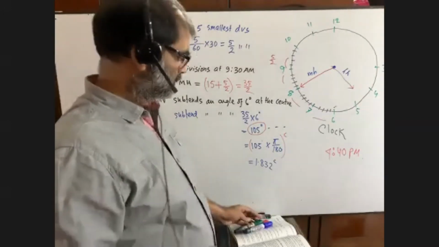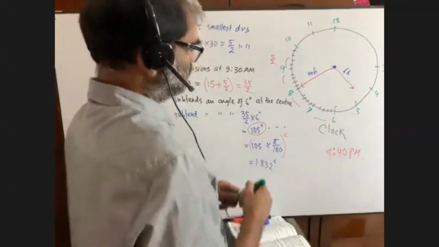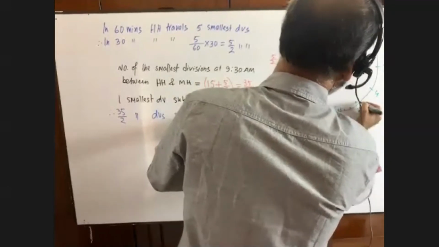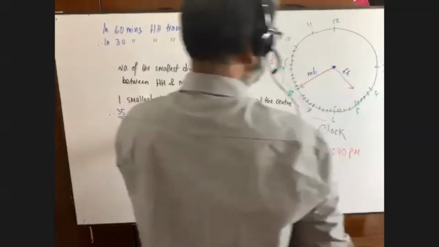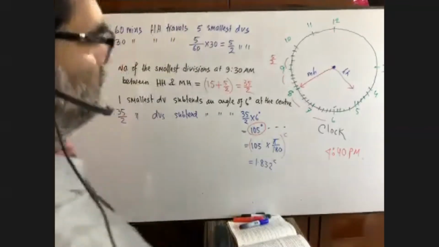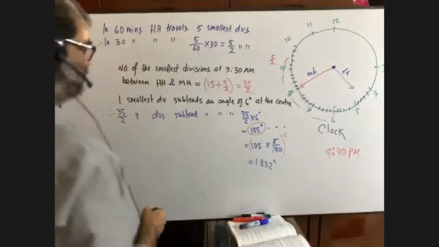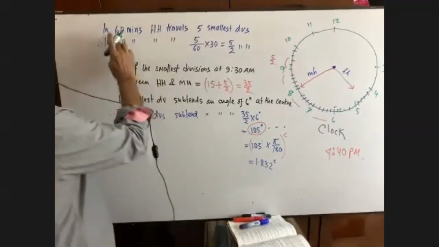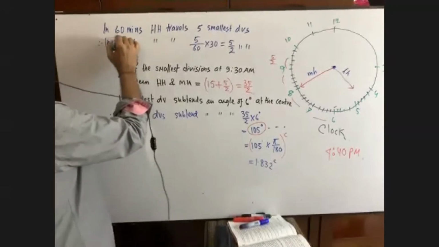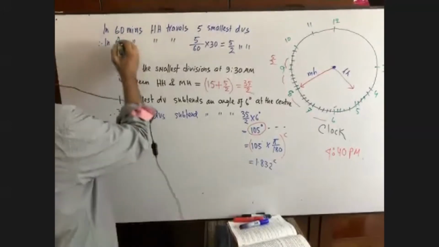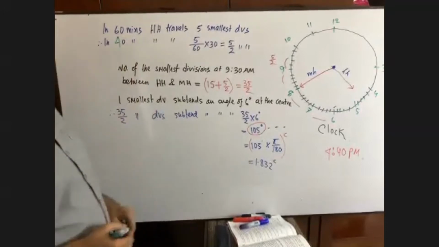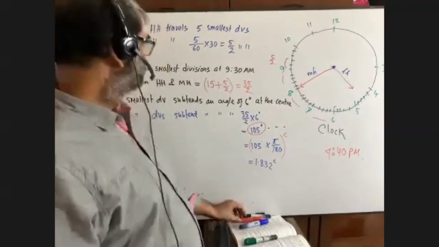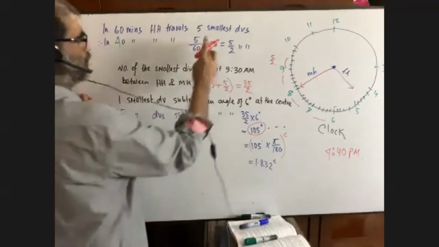Now do it. What will you do? Look at the board. 4:40 means here it will be 40. Okay. Here it will be 40. So we are getting here 40.